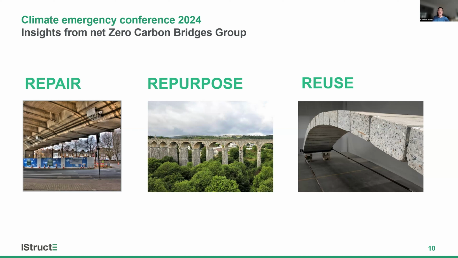Repurpose is about, for example, old railway heritage viaducts that are not fit for purpose anymore, but can be used for cycling and pedestrians and encourage active travel. And reuse is about encouraging a circular economy. I think the example in the first presentation was about how you can reuse some existing concrete blocks in a new project.